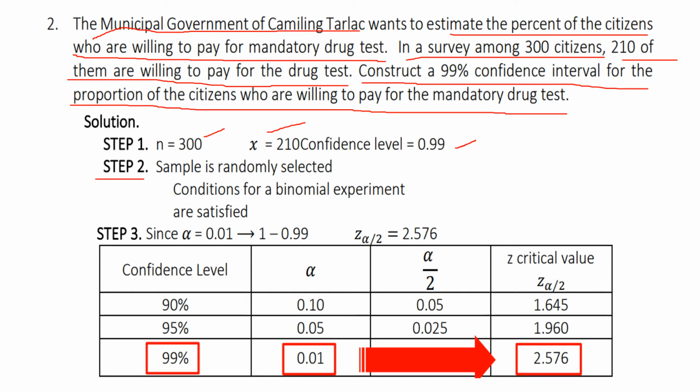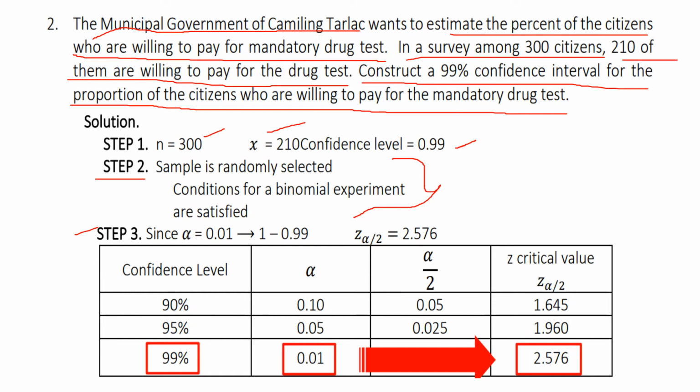Your step number 2, these are two conditions that must be met. Your sample is randomly selected. Conditions for a binomial experiment are satisfied. For step number 3, we need to look for the value of your c sub alpha over 2, or the critical value. First thing to do is to find the value of your alpha. Your alpha is 0.01.